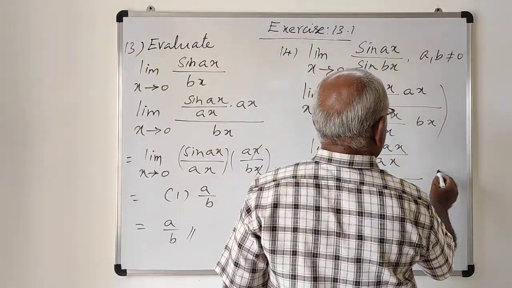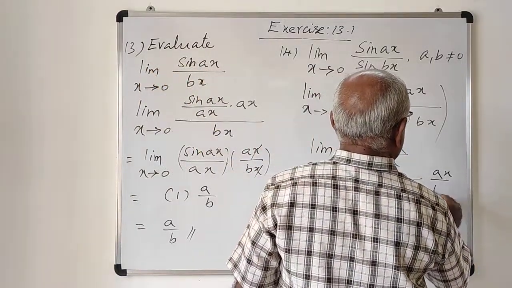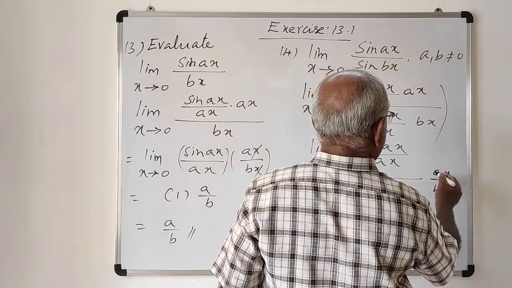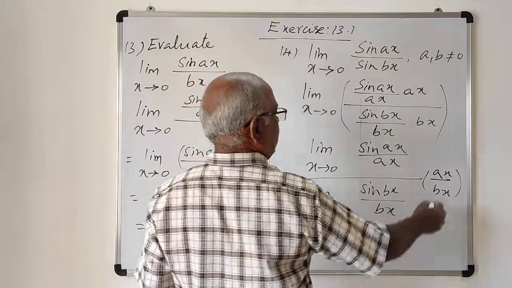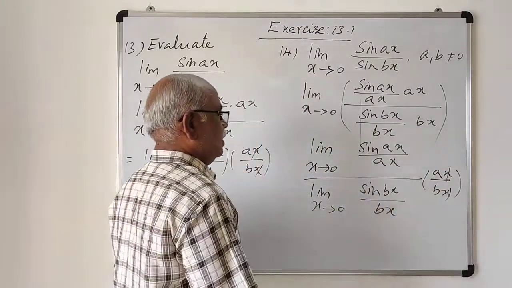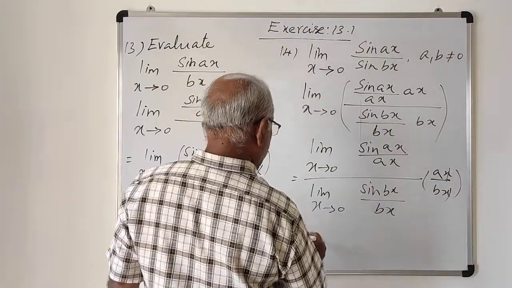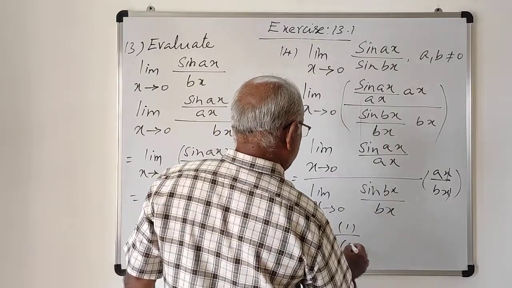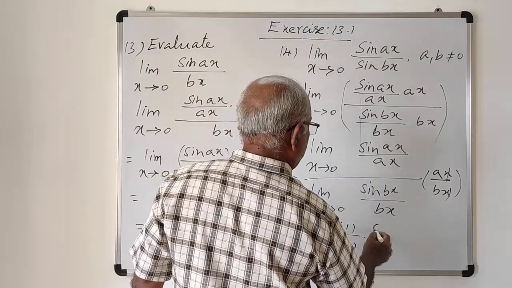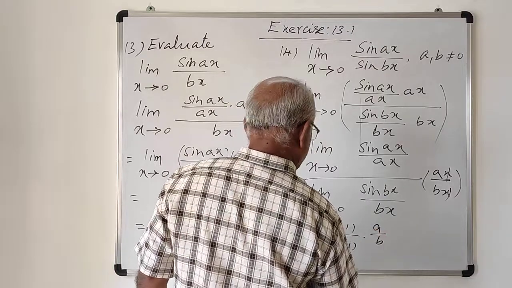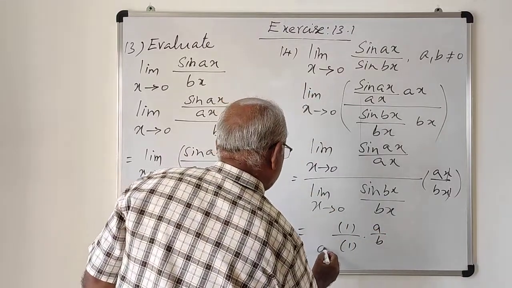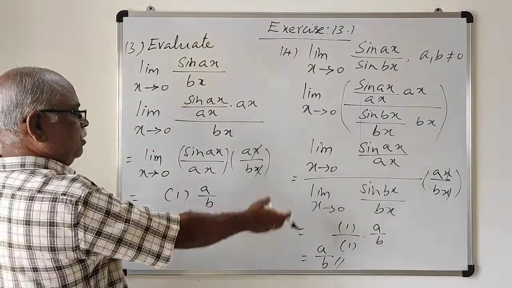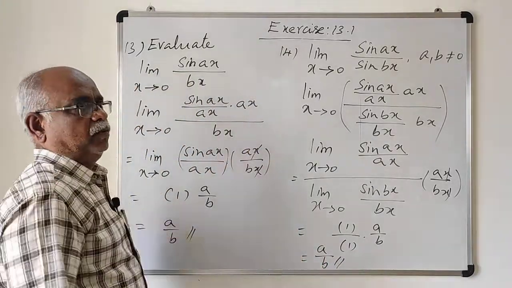The remaining ax by bx, you take separately, and you can cancel the numerator x and denominator x. The limiting value of the numerator function, sin x by x, is 1, and the denominator is 1. Already you have a by b, therefore the solution for this problem is also a by b.